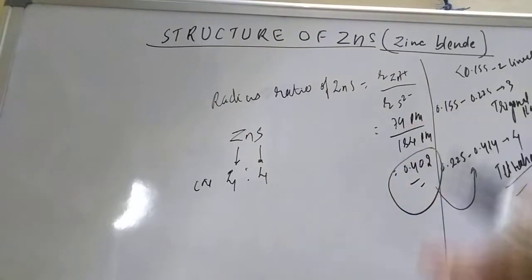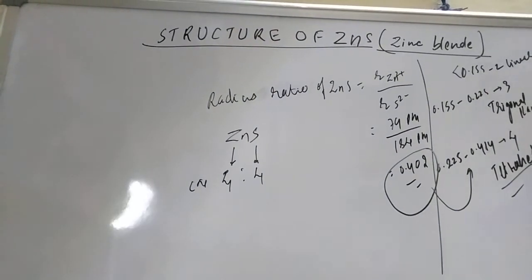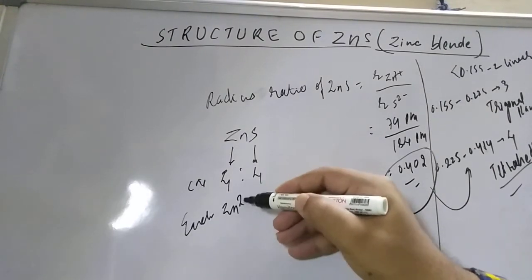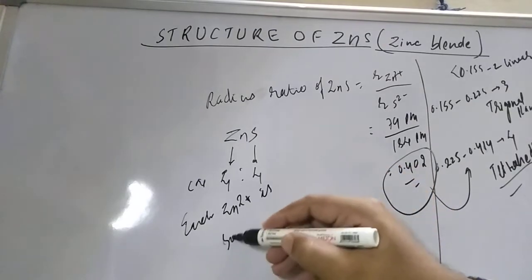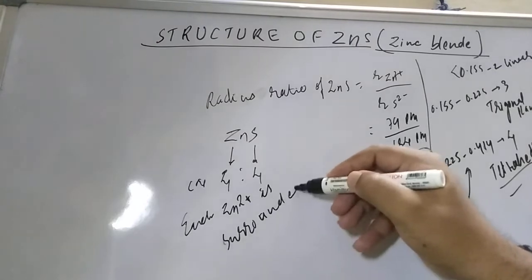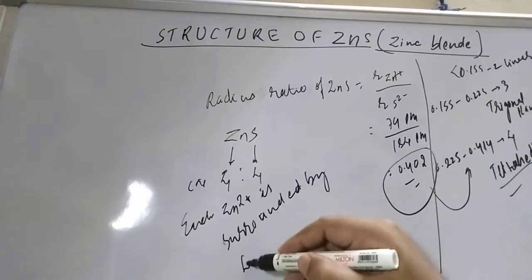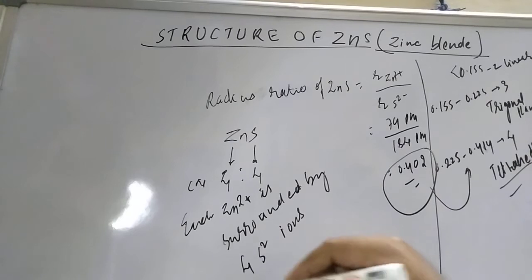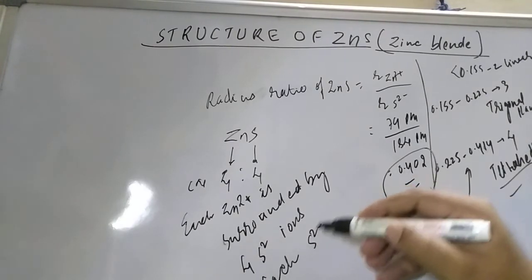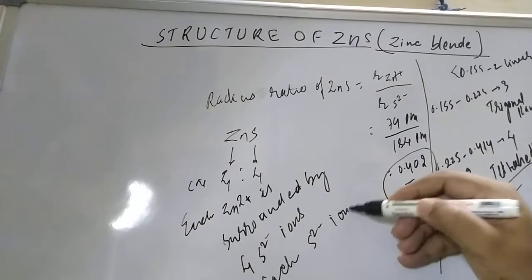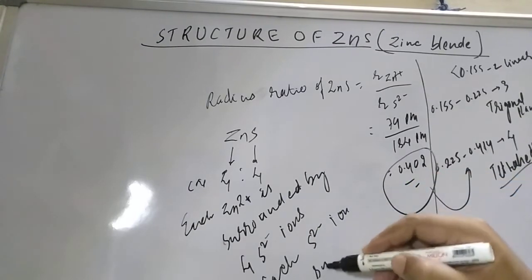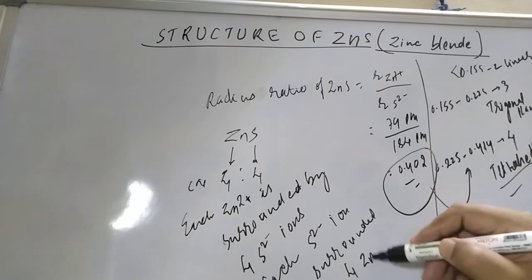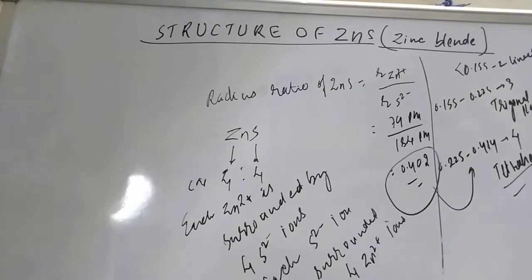The geometry is tetrahedral. This means that each Zn2+ ion is surrounded by 4 S2- ions, and each S2- ion is surrounded by 4 Zn2+ ions.